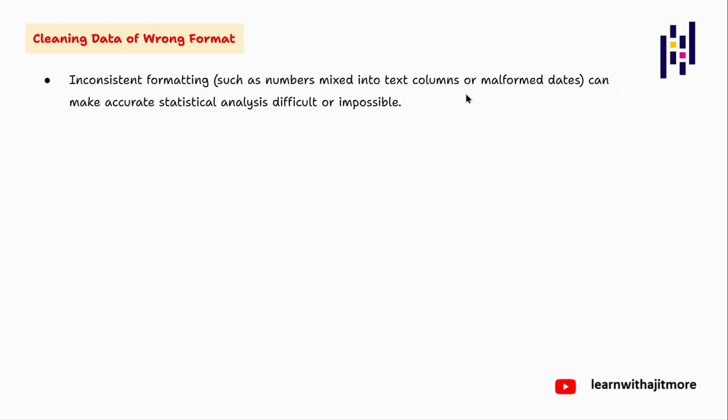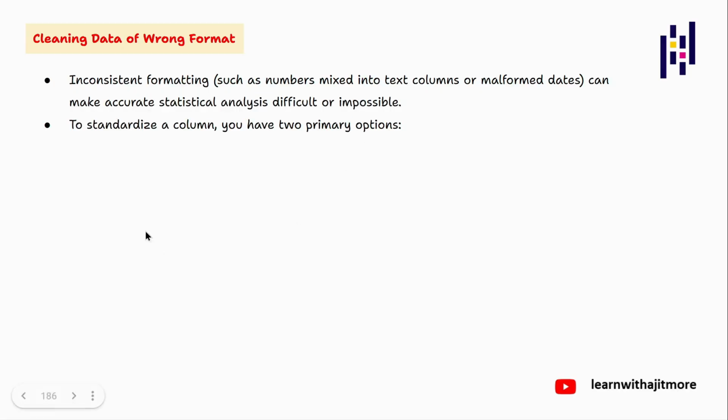Getting mixed into a text column, or malformed dates, which I gave, where every date should be in a proper single quote, then year, then month, then day. And instead of that, someone has entered a wrong number in the place of date. So keeping such data can give you wrong statistical output, and can make accurate statistical analysis difficult or impossible.